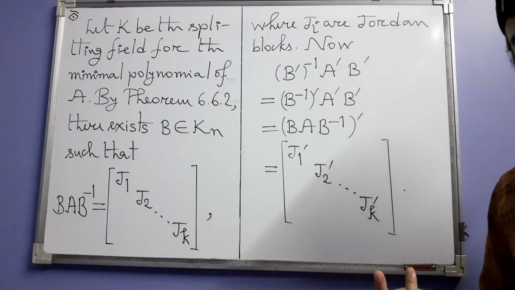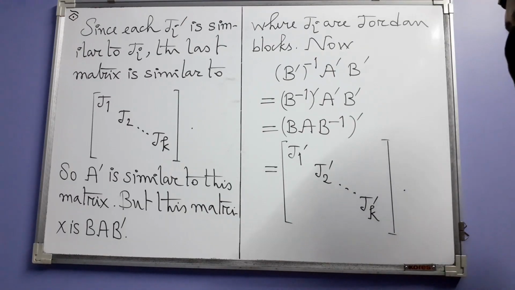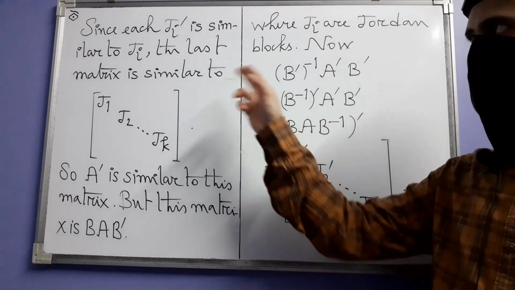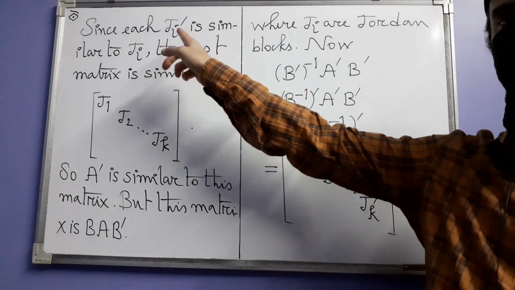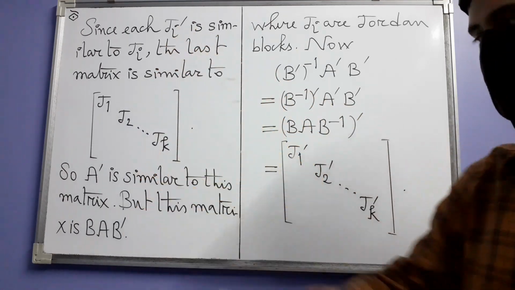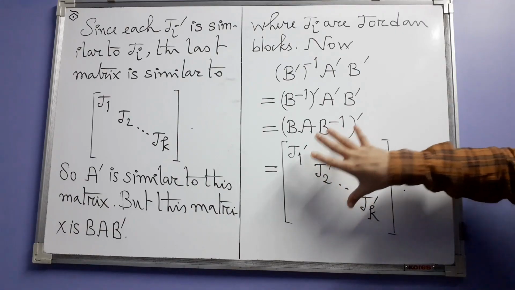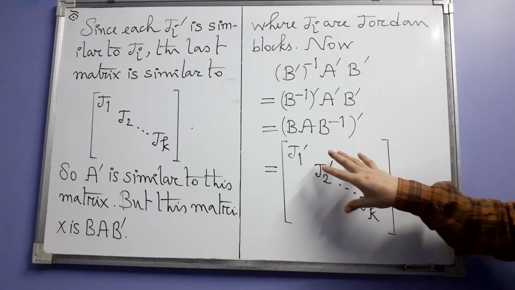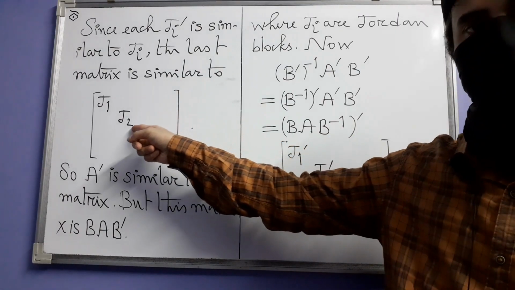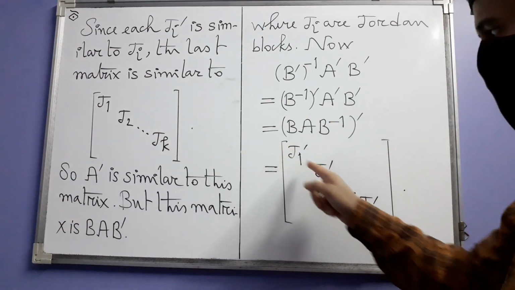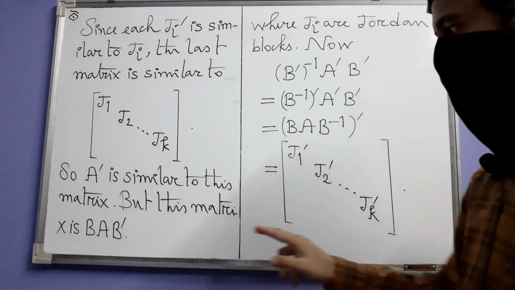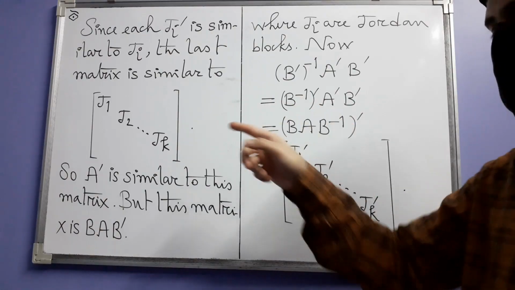So then what is the consequence? We write that thing, since each Ji transpose is similar to Ji, this matrix, the last matrix, is similar to this matrix. Because this is block diagonal, this is also block diagonal, and each Ji prime is similar to Ji.